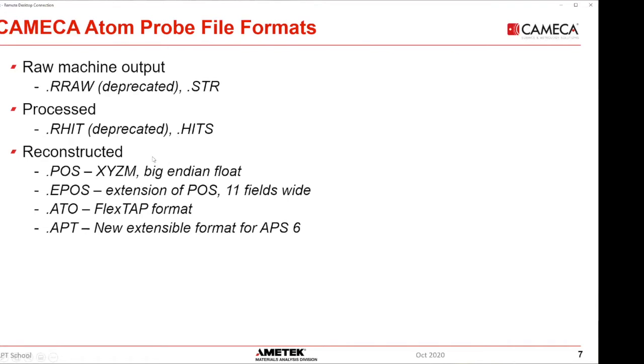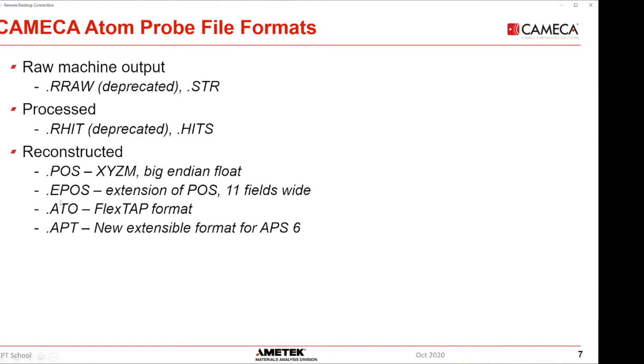And then after you've done reconstruction, there are some files you're also familiar with: POS files, which are big endian floating point binary files, no header, really simple: XYZ and mass-to-charge.